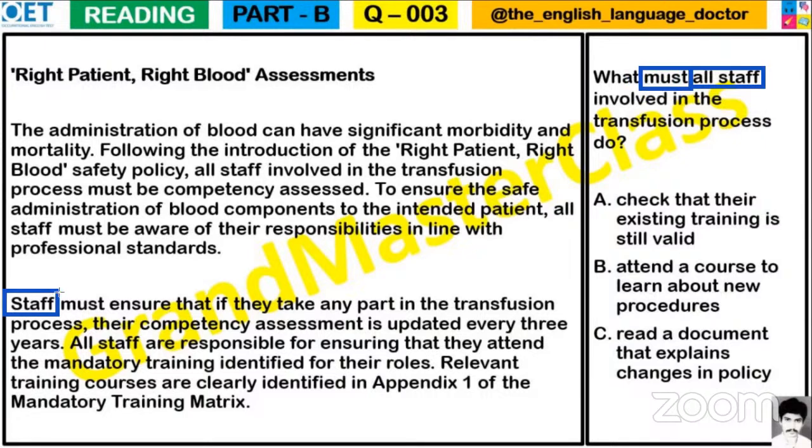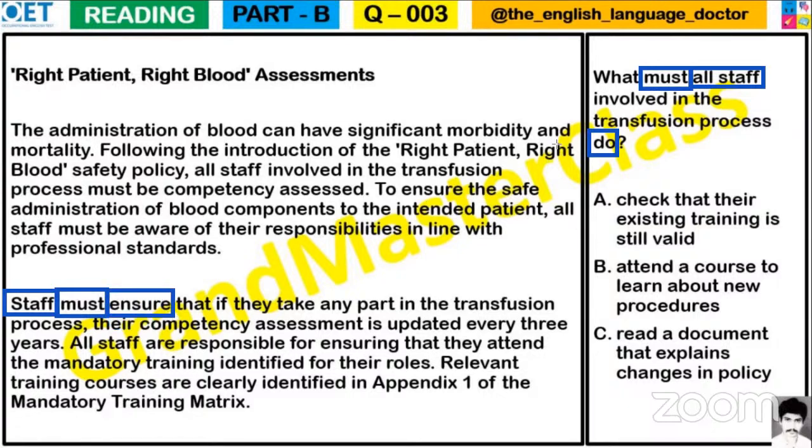What must all staff? All staff, that's very clear there. What must they do? They have to ensure.